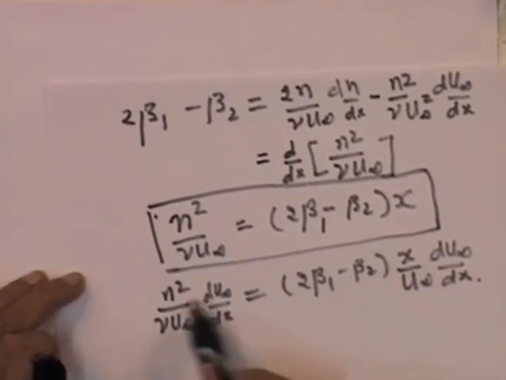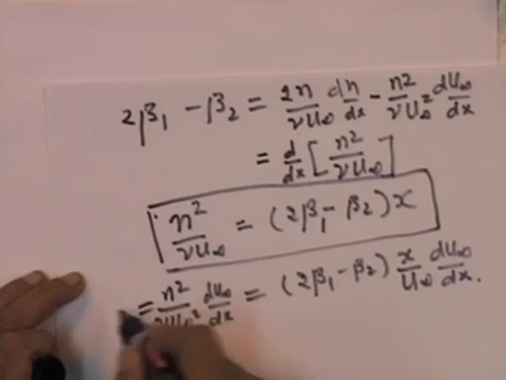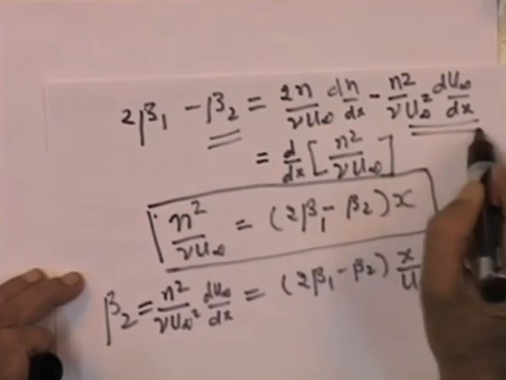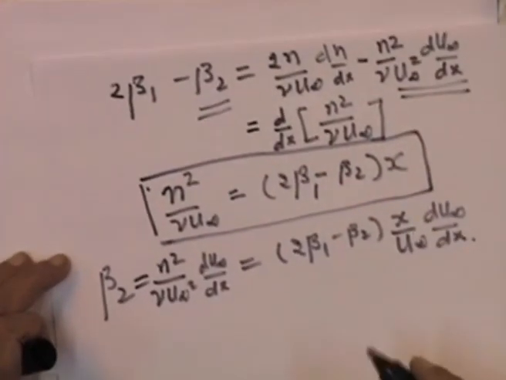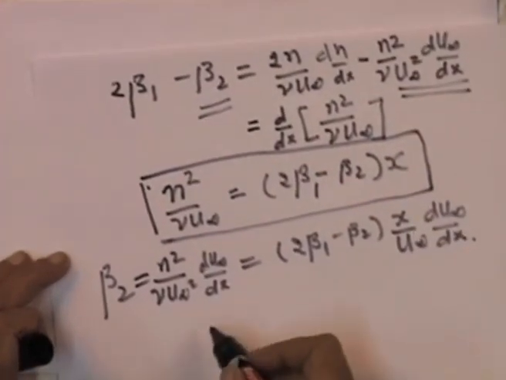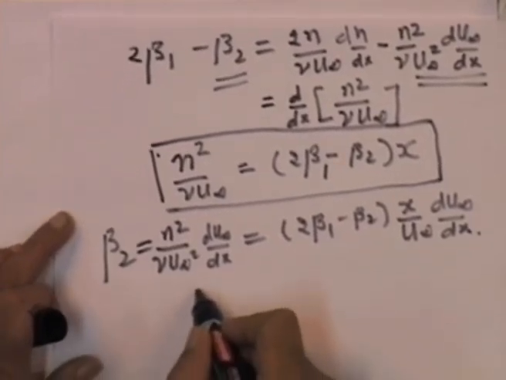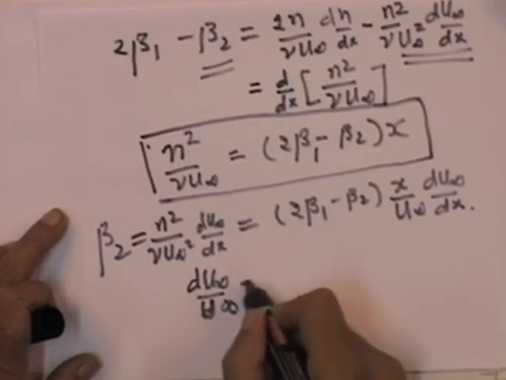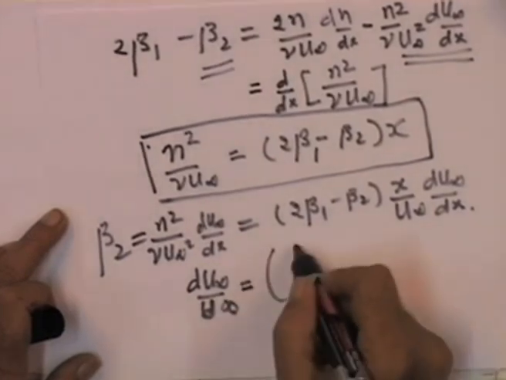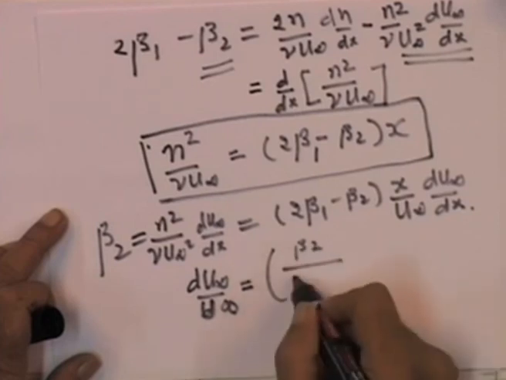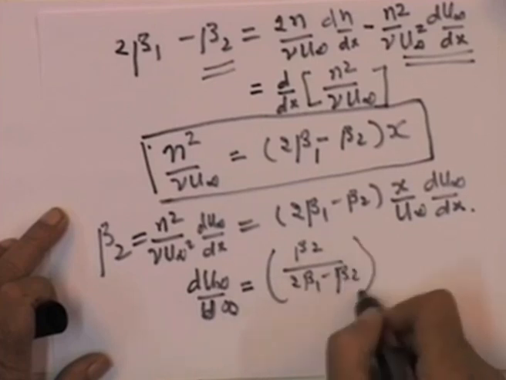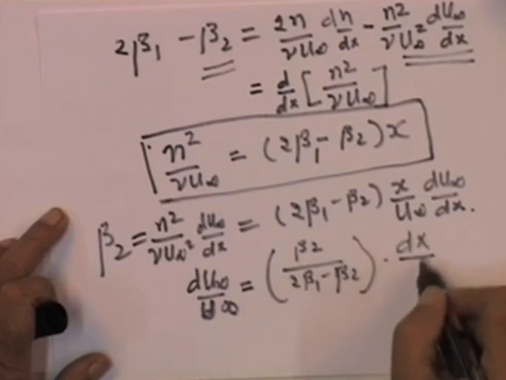But if you see the left hand side now, it is nothing but beta 2, and therefore, I have a relationship that du infinity by u infinity will be equal to beta 2 over 2 beta 1 minus beta 2 into dx by x.